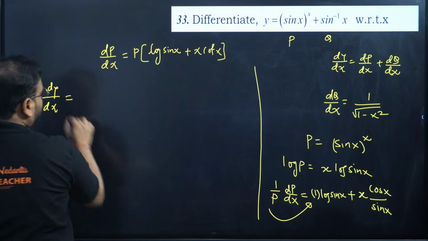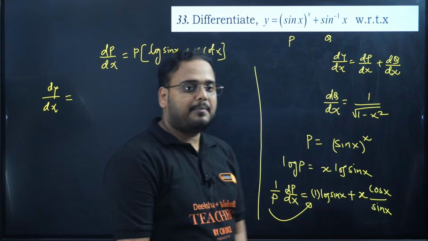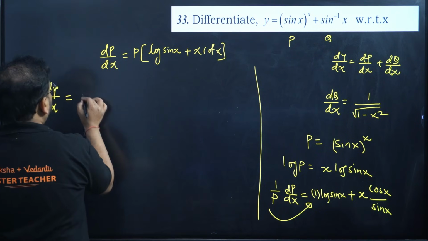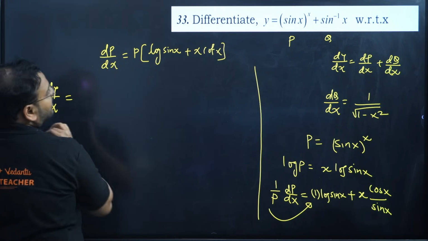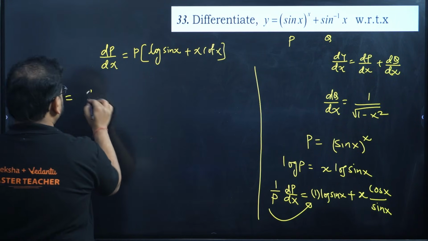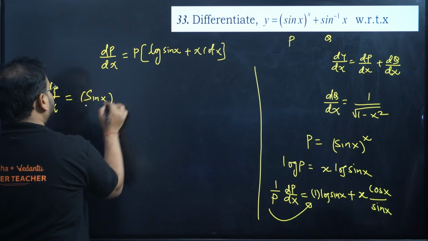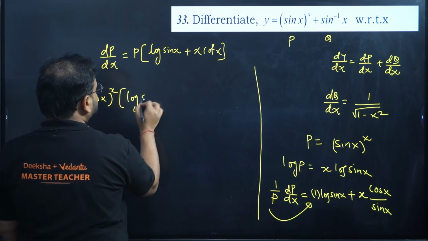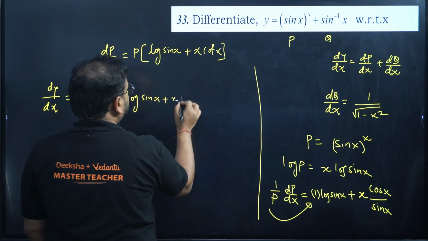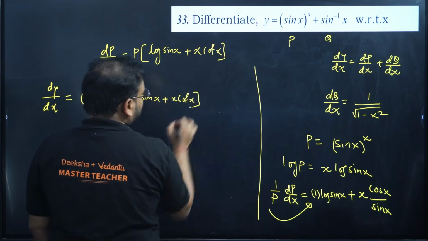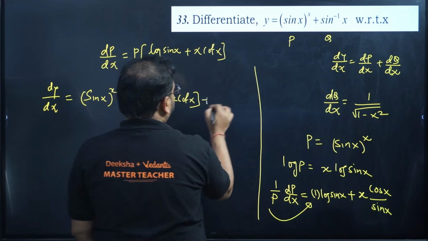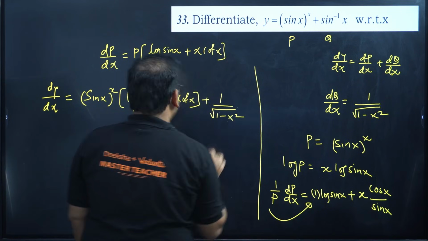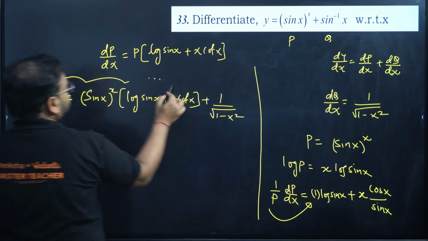So my answer will be a combination of this one and this one. Let's write it together. The value of p is sin x power x. So dy by dx equals sin x power x into (log sin x plus x cot x), plus 1 upon root of 1 minus x squared. This is it.